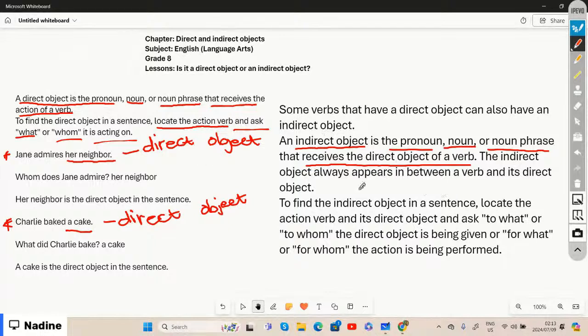And the indirect object always appears in between a verb as well as its direct object. So it's in between the verb and the direct object.